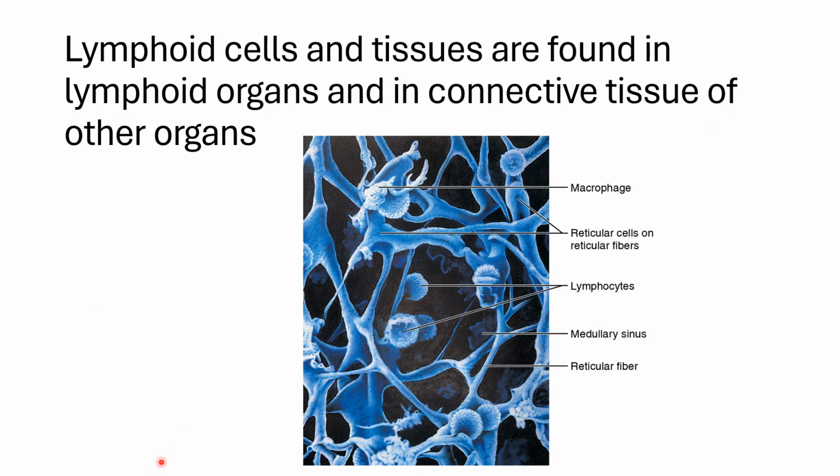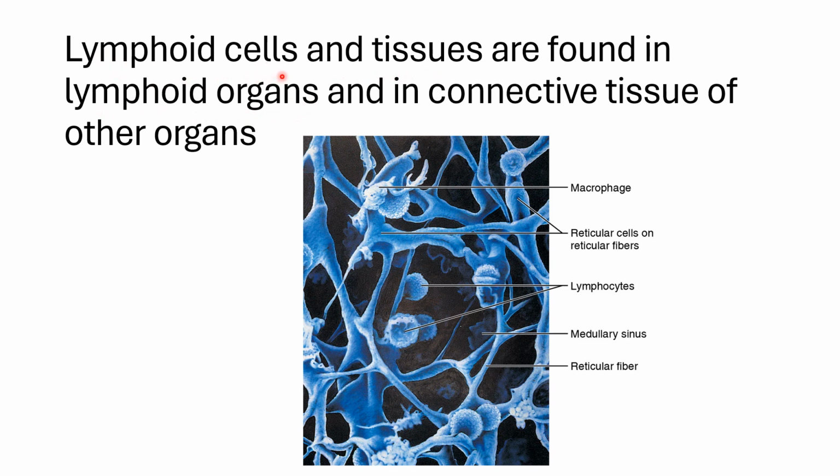Okay, now let's come to the lymphoid cells and tissues found in the lymphoid organs. So we are coming to the second system, our overlapping system. We have a system of lymphoid cells and tissues, and then we have lymphoid organs.